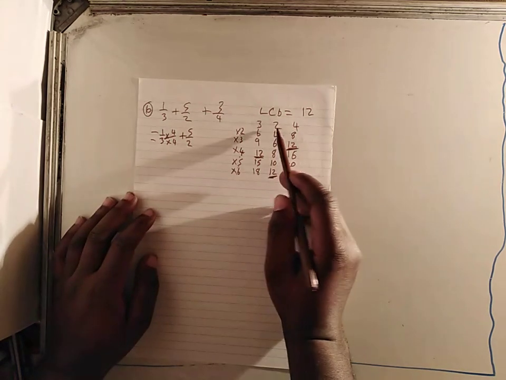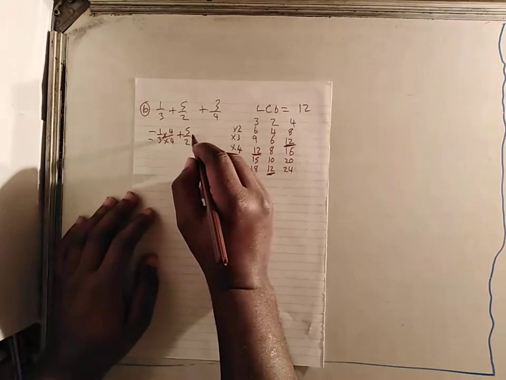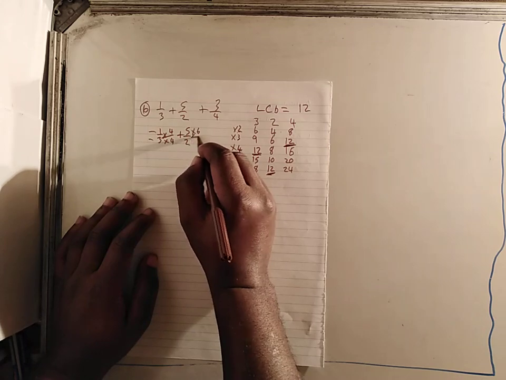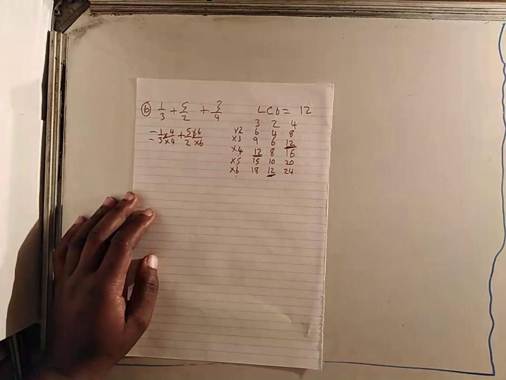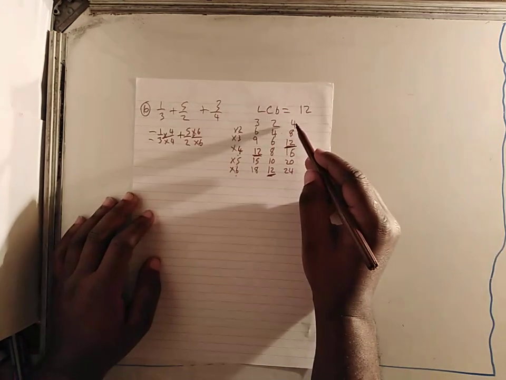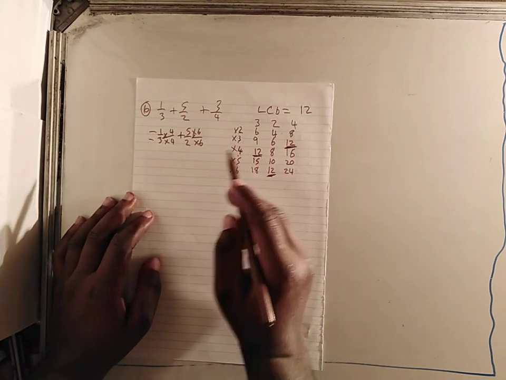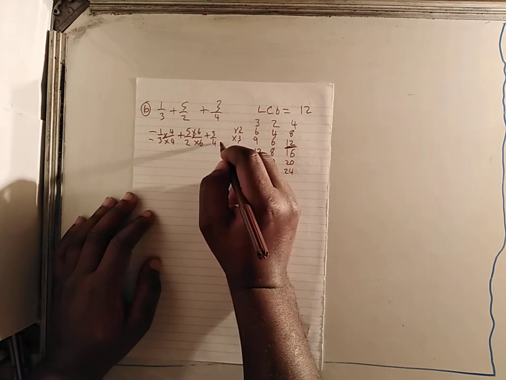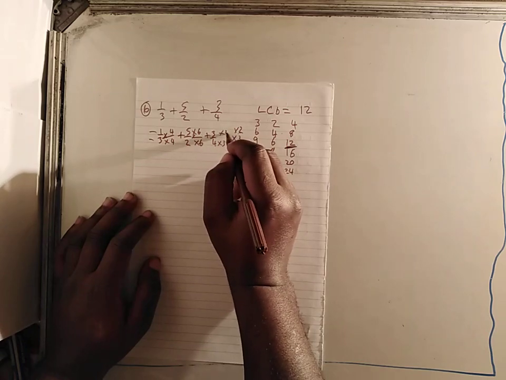Here, how did I make 2 to be 12? I multiply by 6. So now I would say times 6 over times 6 as well. And how did I make 4 to be 12? I multiply by 3. So say 3 over 4 times 3 over times 3.